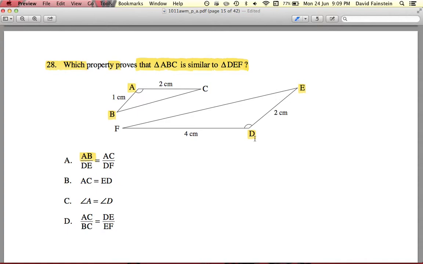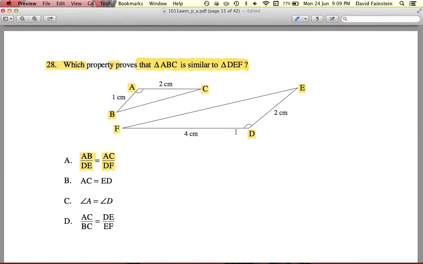That looks like a short side of a triangle. That also looks like a short side of a triangle. 1 to 2 is equal, that's AB and DE, is equal to AC. Here is A again. Here is C, A and C. That looks like almost a long side, but not quite the longest, the medium side. AC over DF. D is right here, and F is right here.